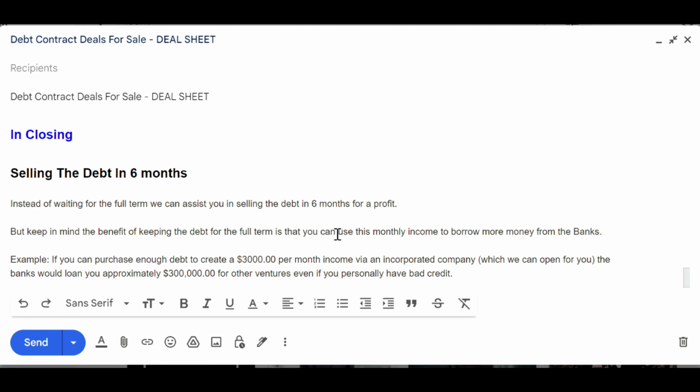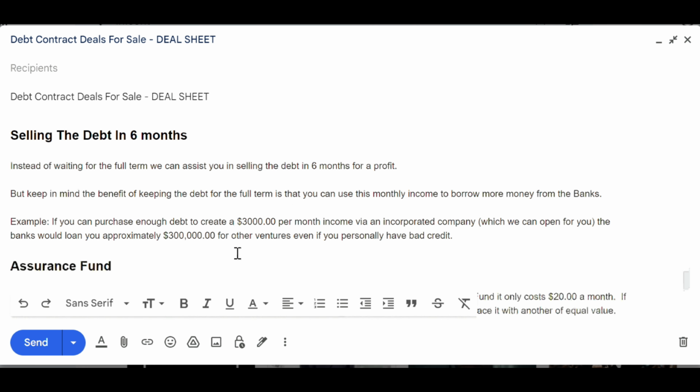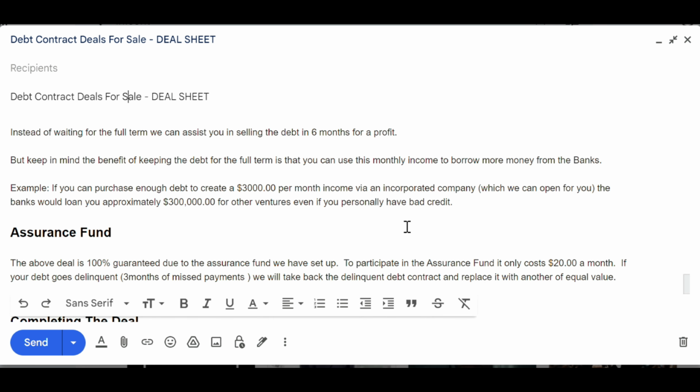But I would suggest everybody keep the debts, because as time goes on, here's a little example we've placed in here: if you get a numbered company and you have a bunch of loan contracts out of it, and all the payments are coming out to $3,000 a month unencumbered income, when you take that to a bank, the bank is going to say, wow, we will lend you money on that cash flow.